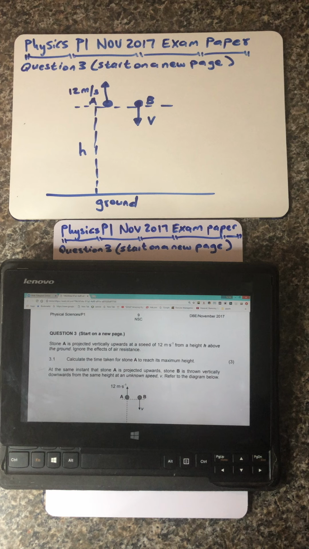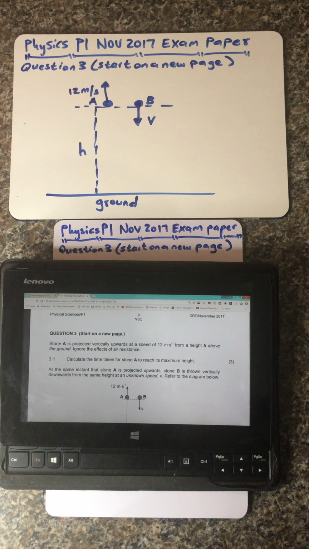So for today's lesson, we'll be looking at Physics Paper 1 November, exam paper of the year 2017. We'll be looking at question 3, and as you can see on the screen of my tablet, we're given a statement there and you are advised to start this question on a new page.